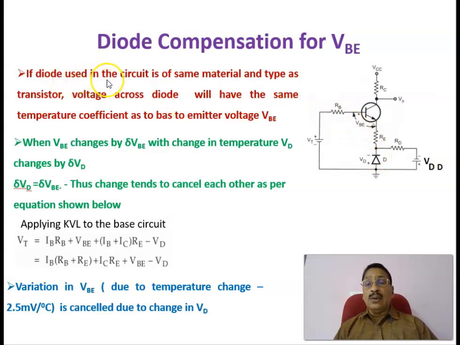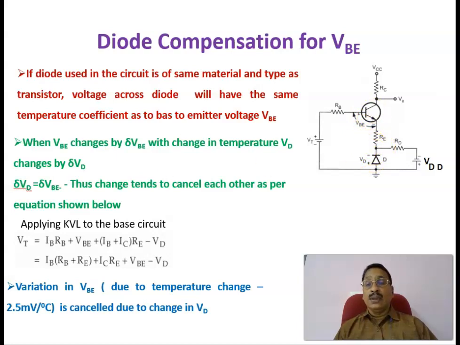If the diode used in the circuit is of the same material and type as the transistor, the voltage across the diode will have the same temperature coefficient as the base to emitter voltage, that is the same as VBE. This voltage across the transistor also changes with respect to temperature if they have the same material.